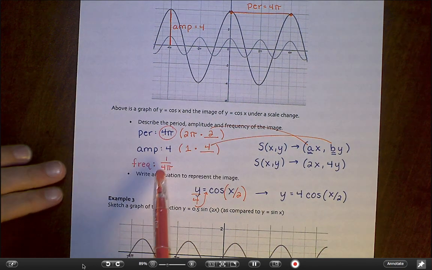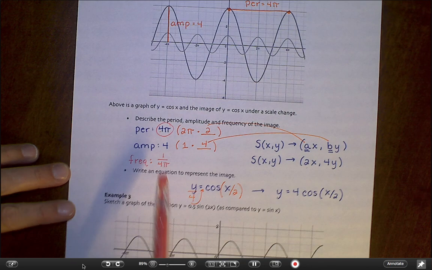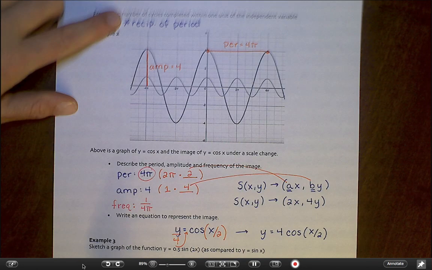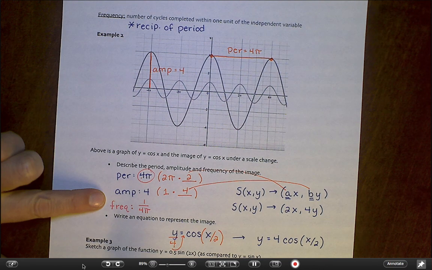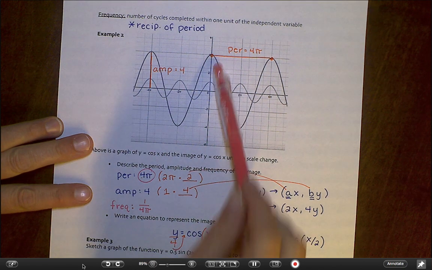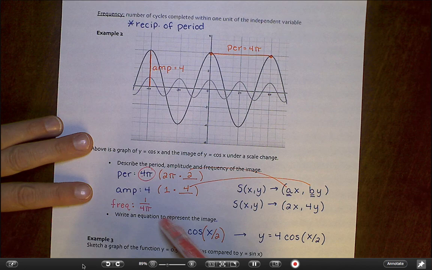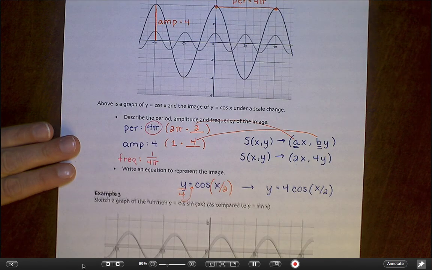That is hard for me to show to you visually on the graph what that means. So if you can just remember that it's the reciprocal of the period, you'll be okay. We're not going to talk about this all that often to where you'll have to be able to show me on the graph what that means or anything like that. As long as you can tell me that it's the reciprocal of the period, you'll be okay.